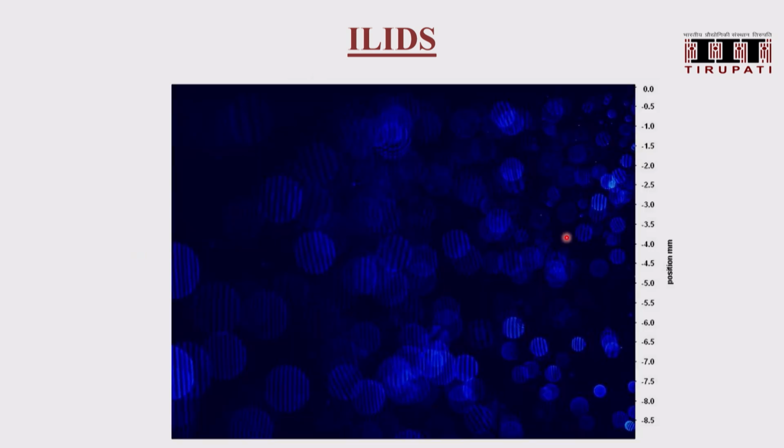Then if you go to sprays, it becomes chaotic. Are you able to see clearly? You see that there are multiple drops overlapping, so if it is really dense, this does not work.